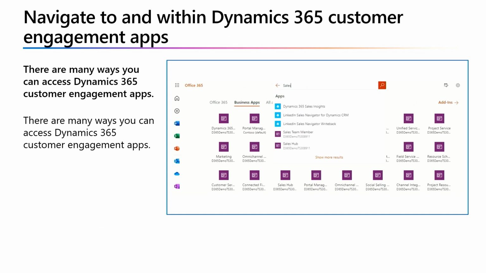There are many ways that a user can access Dynamics 365 applications depending on their needs and the type of device that they're working on. Some applications, such as Dynamics 365 Sales, have dedicated apps that can be downloaded and installed on your mobile devices to provide users with targeted functionality based on that application.